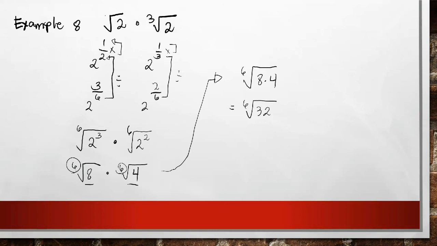Therefore, our final answer would be the 6th root of 32. So if you are going to check it, you can have this 6th root of 2 raised to 5. Since 5 is smaller than the index, then we are going to simplify it. That's why it becomes the 6th root of 32. So these are the examples of product of radicals.